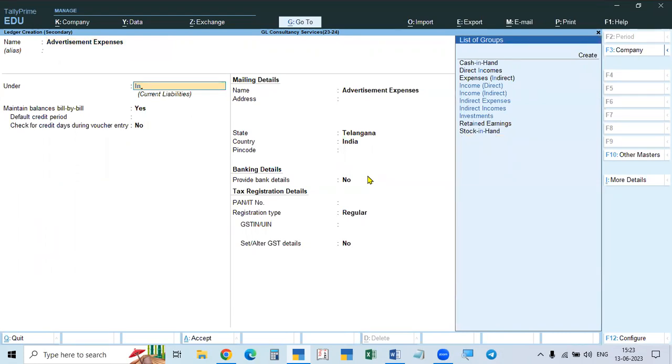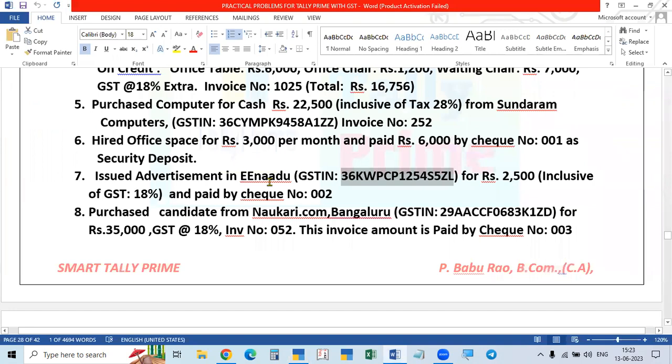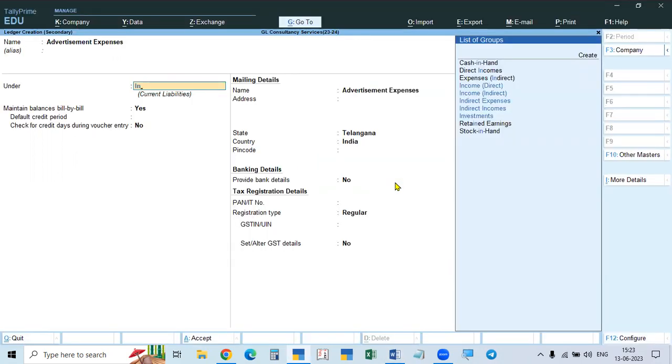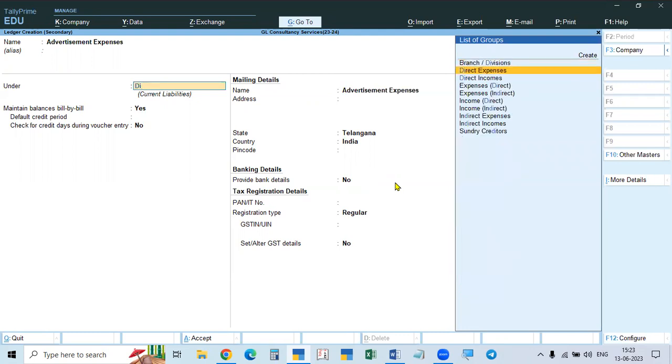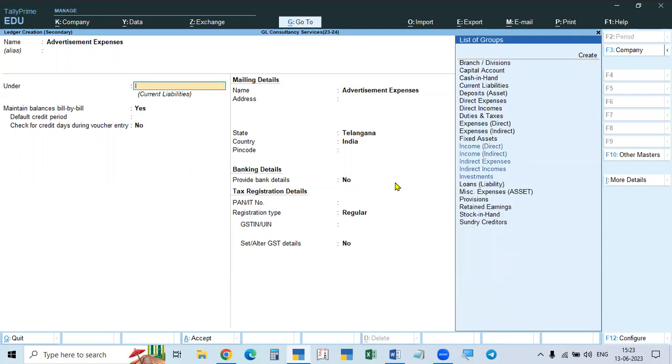Is it a direct expense or indirect? Here we have given the advertisement in the paper for staff, because ours is consultancy service. We give advertisements for recruiting people and giving them to the companies. That is why it is a direct expenditure for us. Or you can take it as indirect expense also, no problem, because it is advertisement.